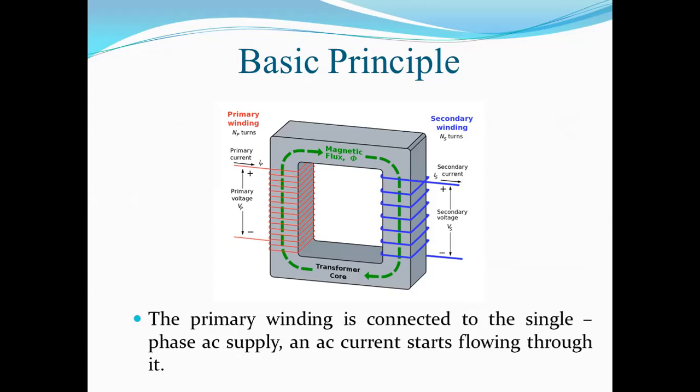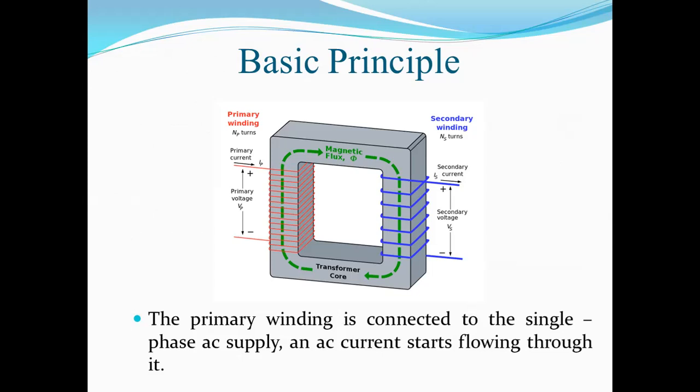The number of turns in the primary winding is N1, and in the secondary winding is N2. The EMF induced in the primary winding is E1, and in the secondary winding is E2. NP is the number of turns in the primary, NS the number of turns in the secondary.